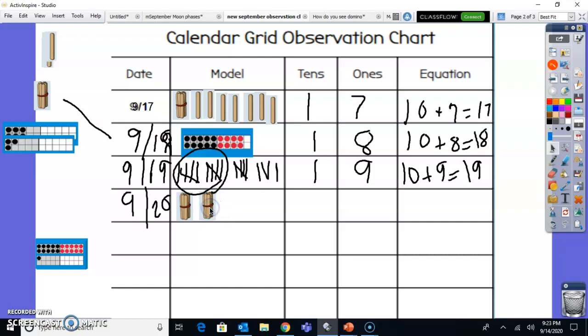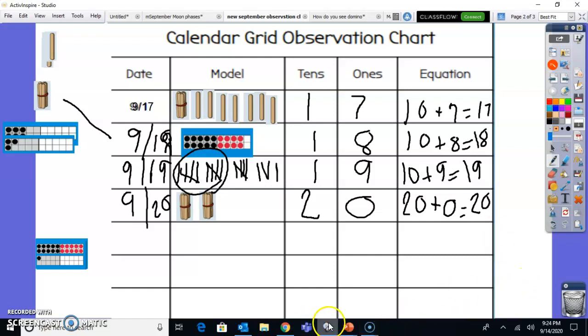How many groups of 10 do I have now? I have two groups of 10s. Do I have any leftover ones? Nope. So I have 0 ones. And my equation is 20 plus 0, and that equals 20. So remember, these numbers are reflecting September's date and the date in the month of September.